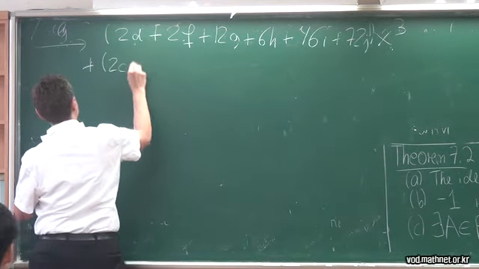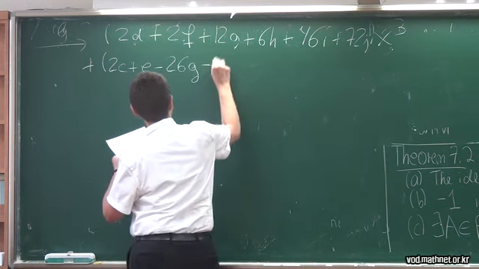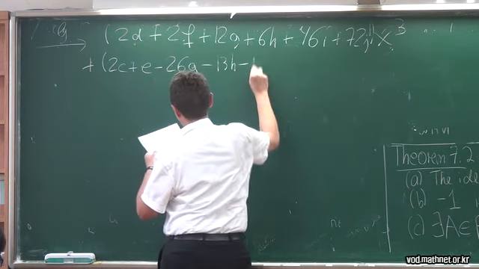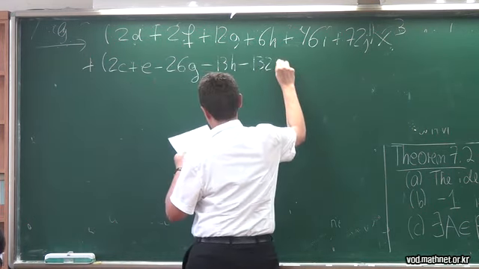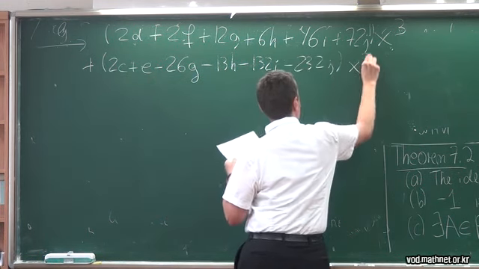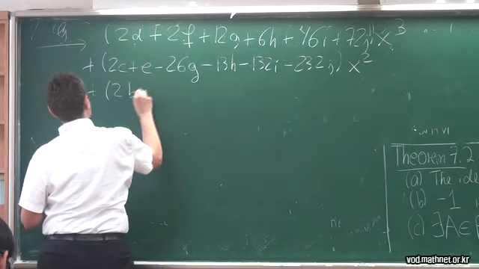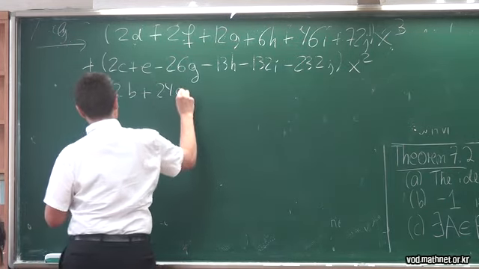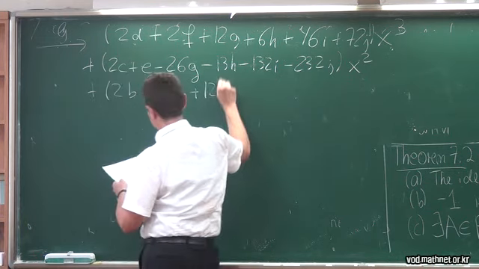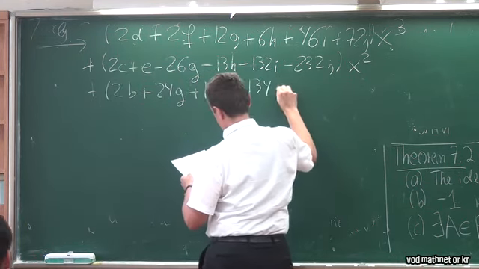Okay? 2c plus e minus 26g minus 13h, 132i, 232j, x squared, plus 2b, 24g, plus 12h, plus 134i.